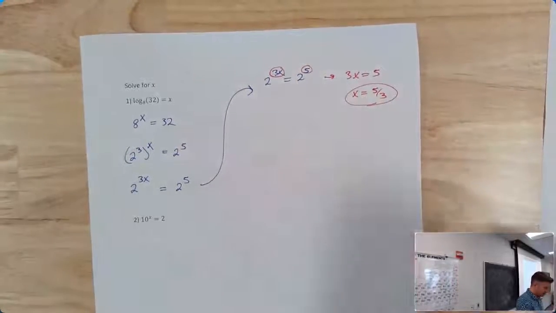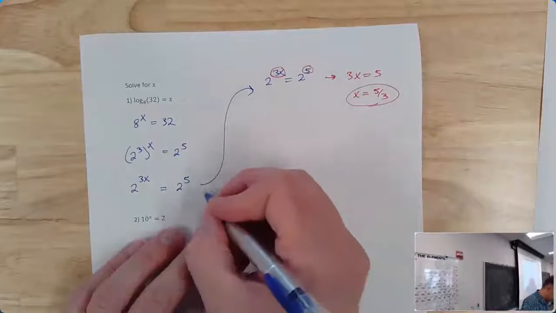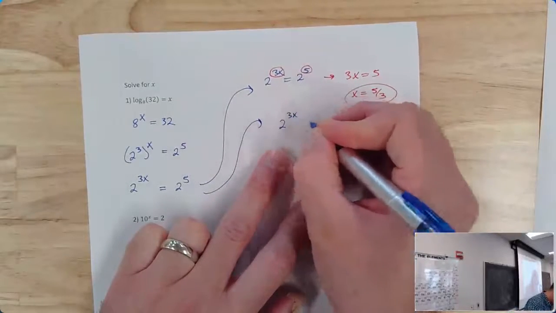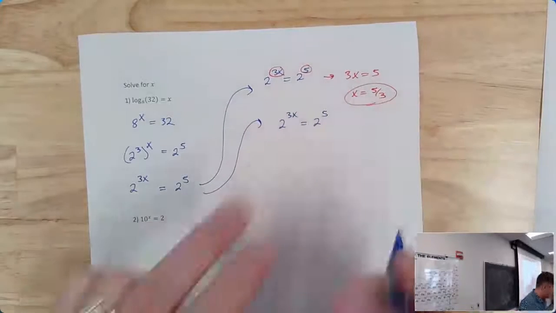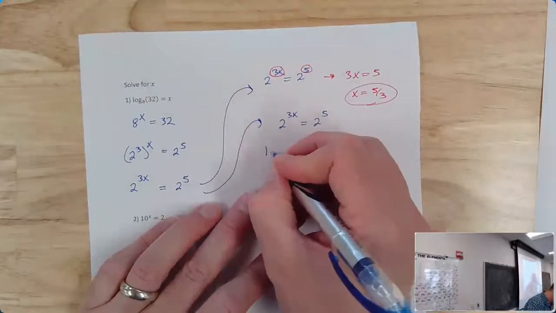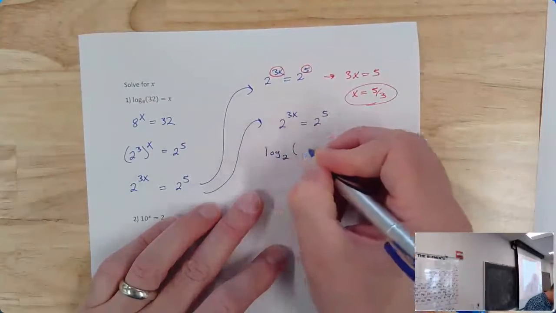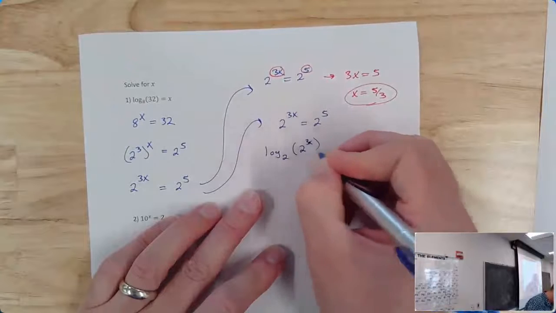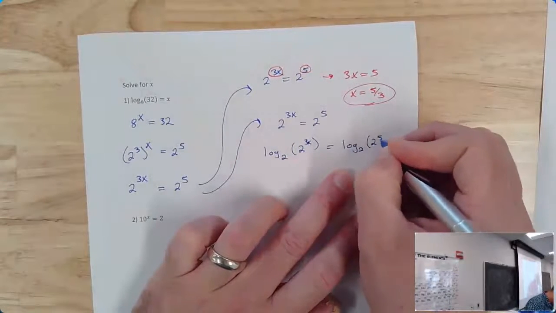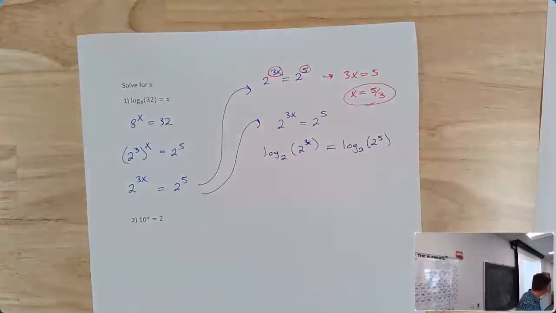But sometimes it might pay to think of this as, well, if I've got 2 to the 3x equal to 2 to the fifth, maybe for some reason I want to take the log base 2 of those sides, because maybe that's just a way I see it better. So if I take log base 2 of 2 to the 3x equal to log base 2 of 2 to the fifth, this actually is going to show us something a little worthwhile.